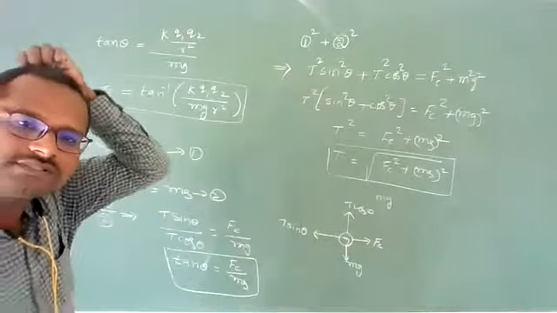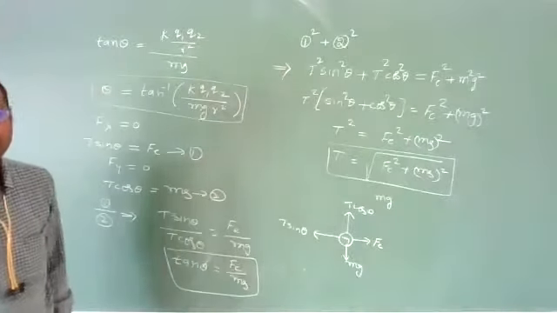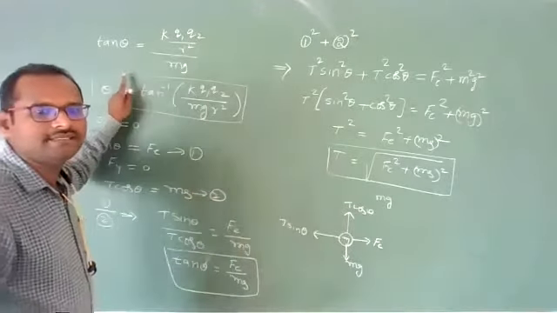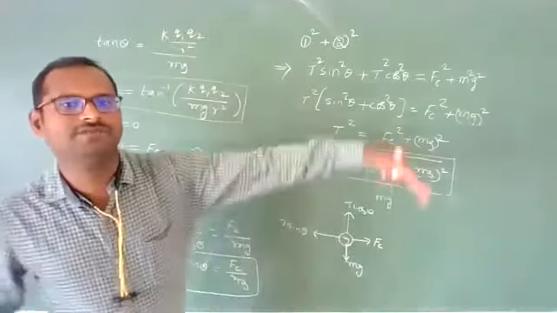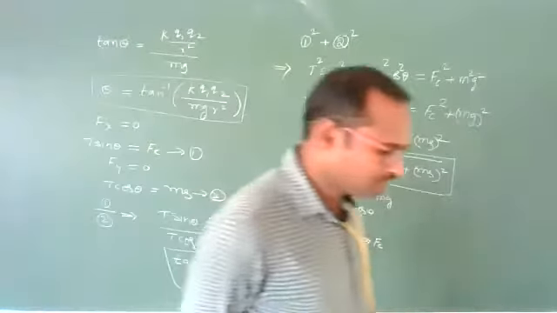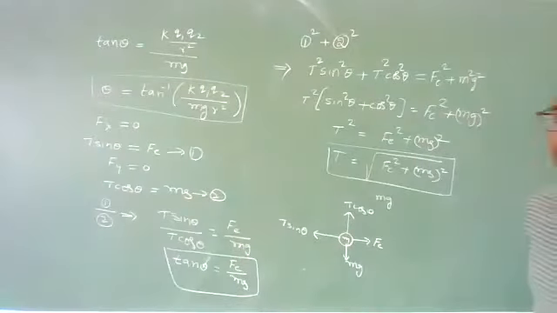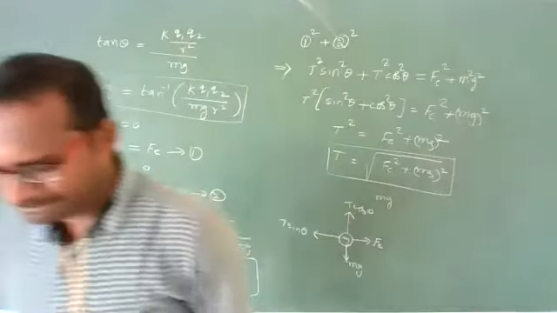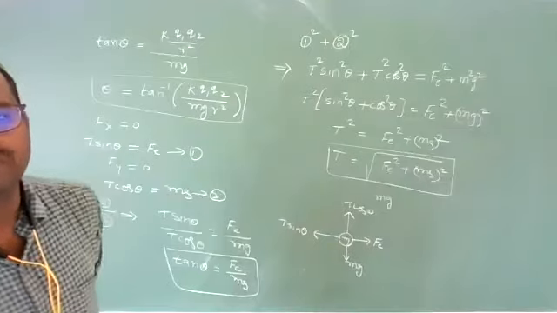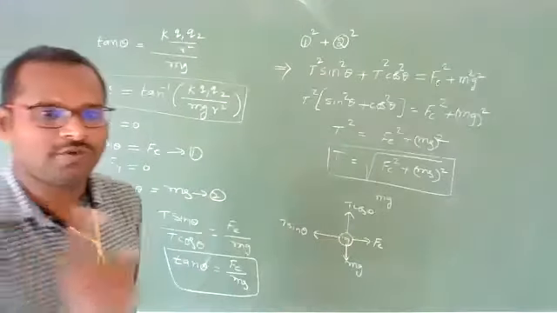Got it, students? Yes, this is how we need to find the tension in a string, and the angle that the spherical ball makes due to that repulsive force. Clear? Very good, all the students are understanding now. This is an important objective point.